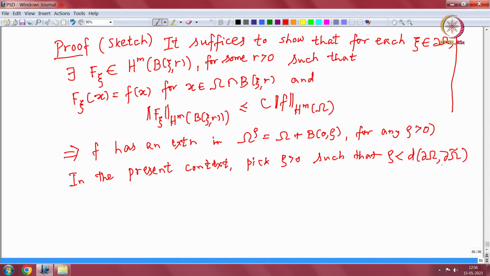Okay. And then we will get an extension in omega tilde. In fact, this omega rho now will sit in omega tilde. Okay. So, how is this done?